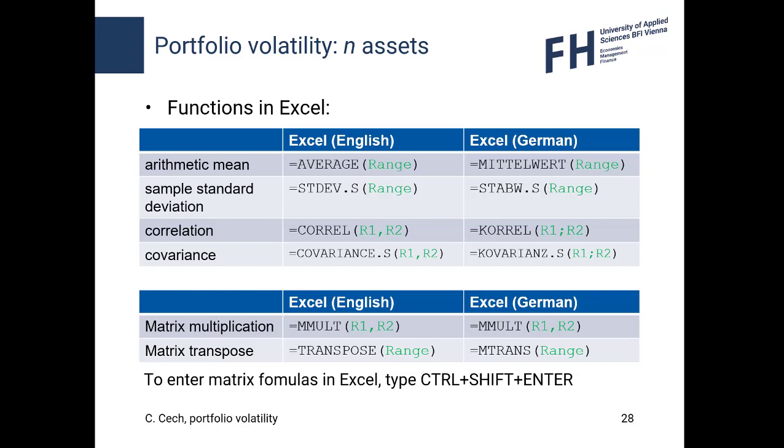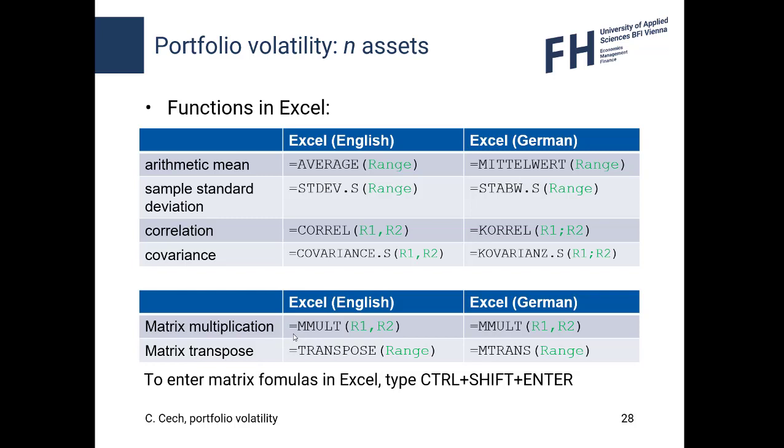It's not very comfortable, but it is possible. And there are two operations that we need for our problem setting. The first is the matrix multiplication, and the second is the matrix transpose.